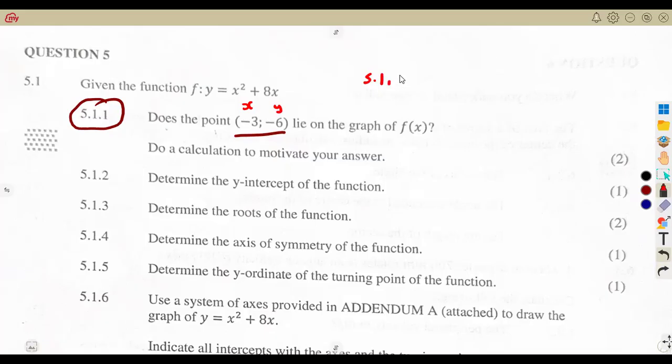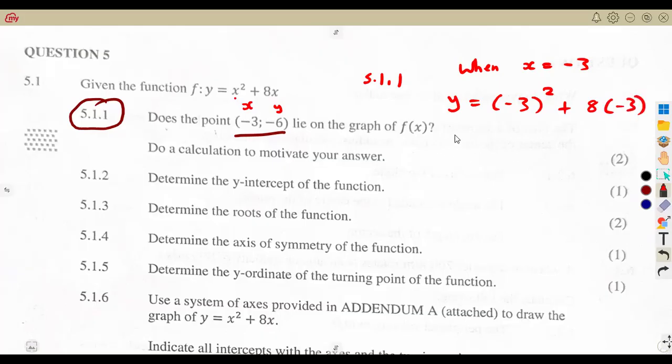That's how you test. So when x is equal to -3, as we are given there, y is supposed to be what? According to our function, what is the value of y? We substitute there, so in place of x, we have (-3) squared plus 8 times (-3).